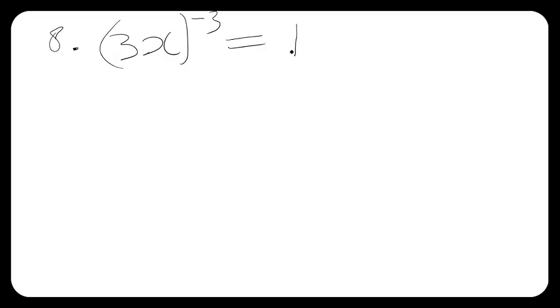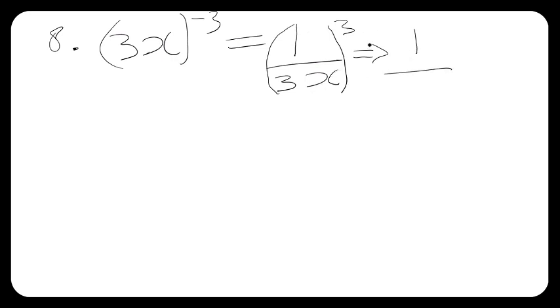So we are going to do 1 over 3x, then everything is to the power 3. So 1 to the power 3 is 1, and 3x to the power 3 is 27x cube. Right? So that's our answer.